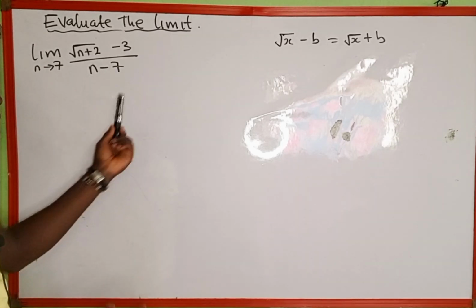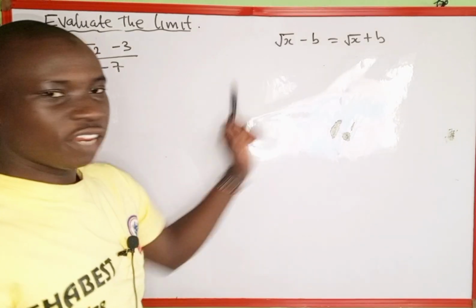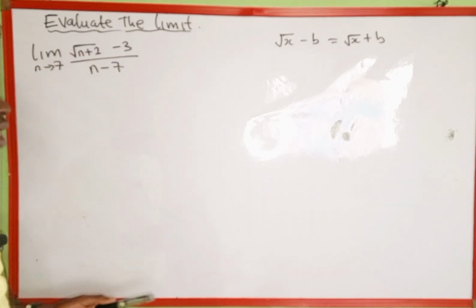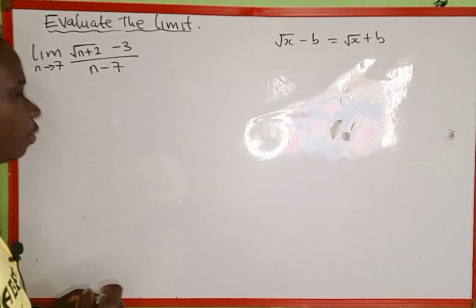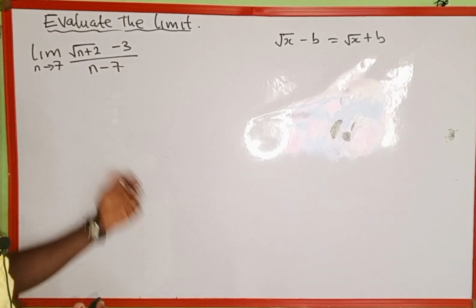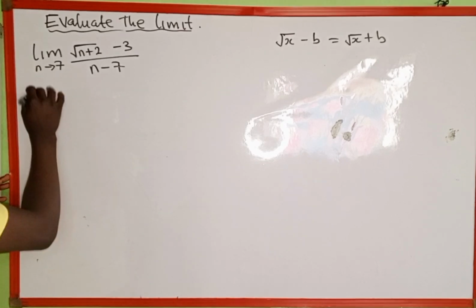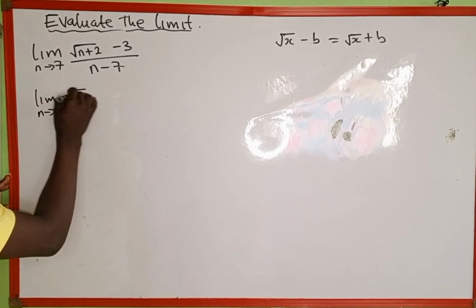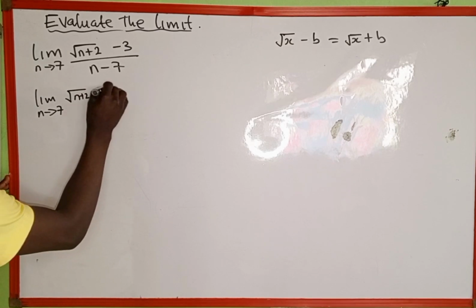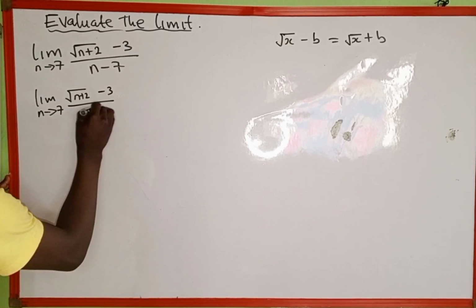So we are going to multiply this function by what? Conjugate divided by conjugate, so that we have 1. So when you use that 1 to multiply the function, we are still going to get the same thing back because division of the same thing is going to give us 1. So the limit as n approaches 7, we have square root of n plus 2 minus 3, divided by n minus 7.